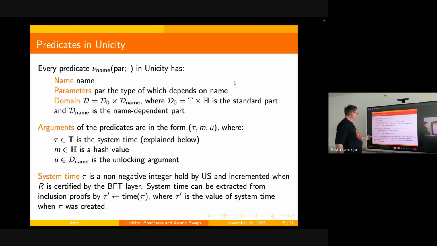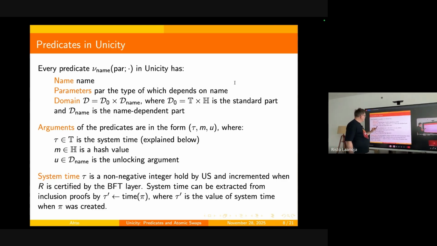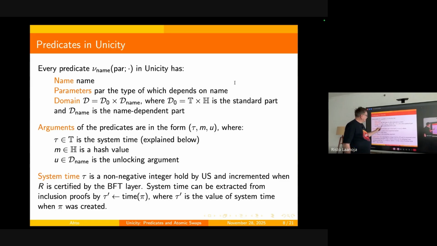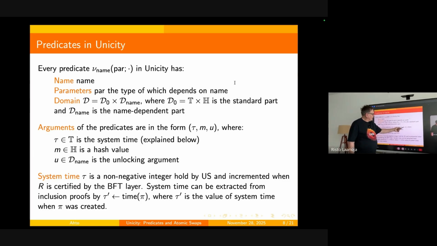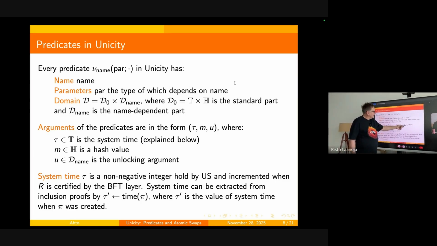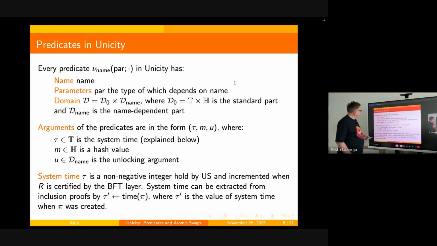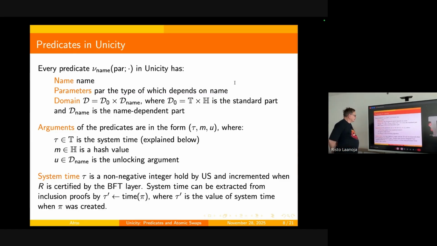And then we have a user or name-specific part, which depends on which predicate we are dealing with. The arguments are in the form of triples, which consist of time, a hash M, and an unlocking argument, so to say.